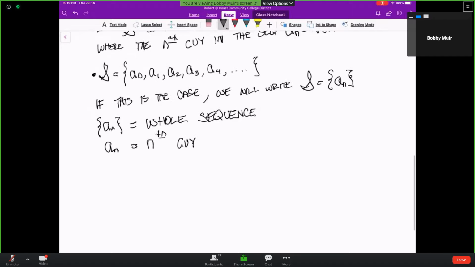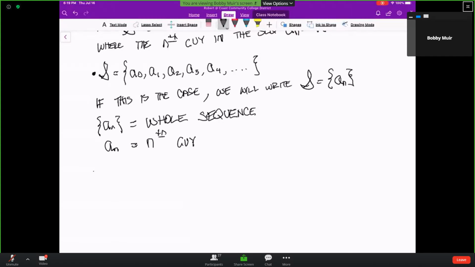All right, so in the sequences that I wrote down earlier, like this one: 1, negative 1/4, 1/9, negative 1/16, 1/25, and this keeps going and going.